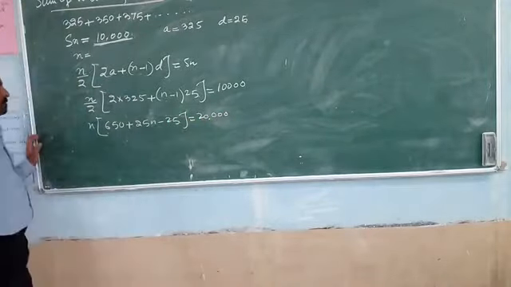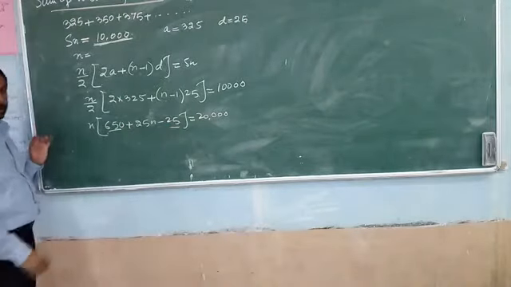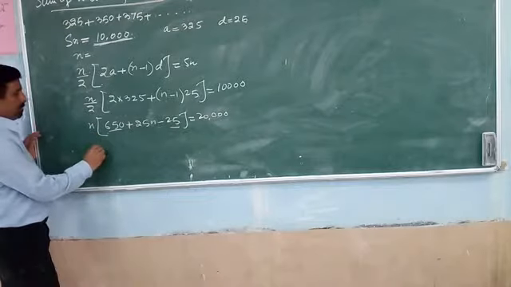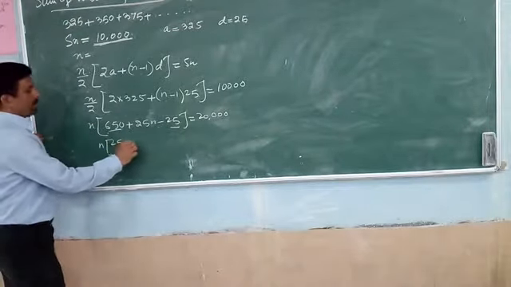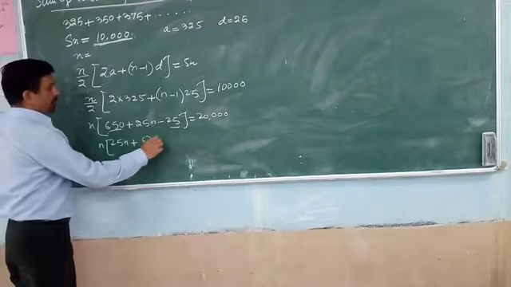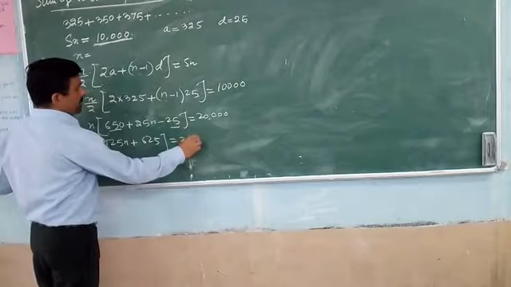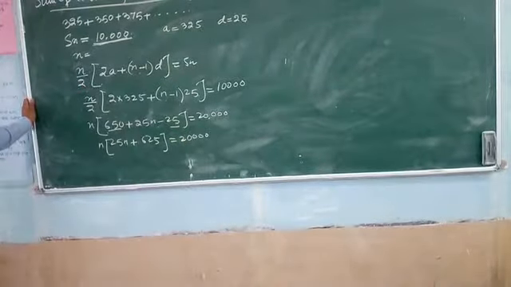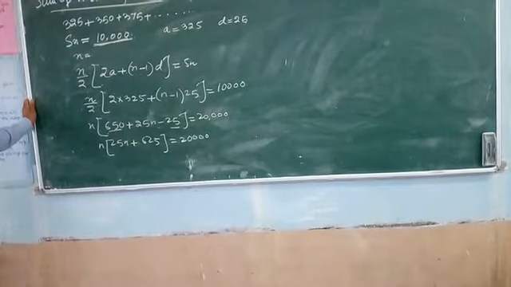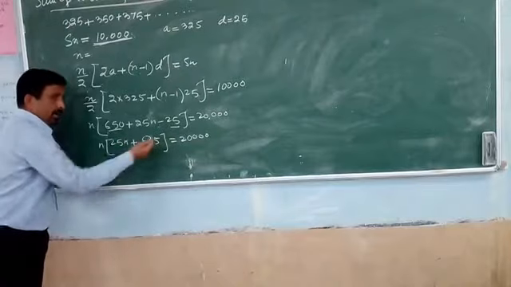Is it okay? Now we can collect the like terms. This and this are of same type, so they can be simplified together. So this will become n into 25n plus 625 is equal to 20,000. Now we will operate this. We will multiply this and then we will bring it to this side.